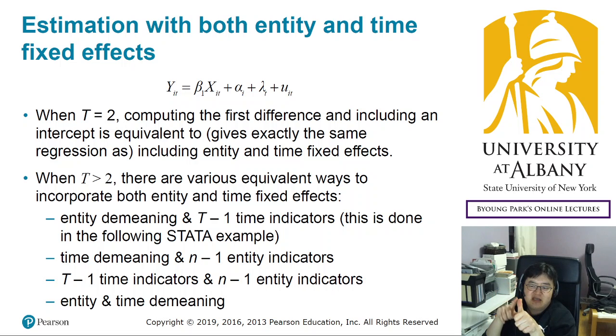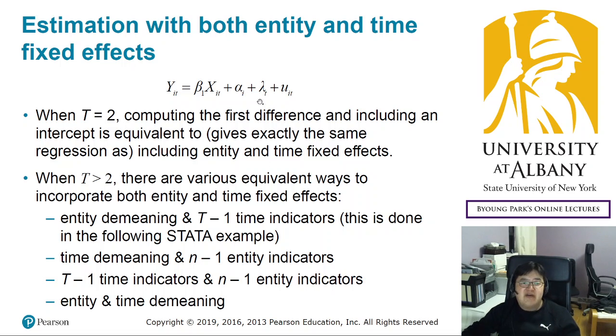The first one is including the dummy variables. The other is demeaning, subtracting the mean, subtracting the average. We used two methods, and previously I emphasized the demeaning method because it is more convenient.